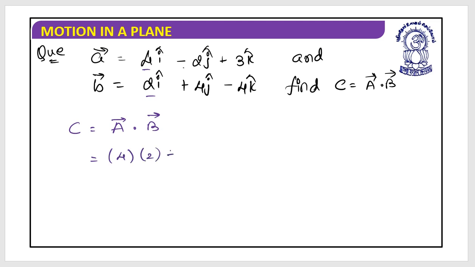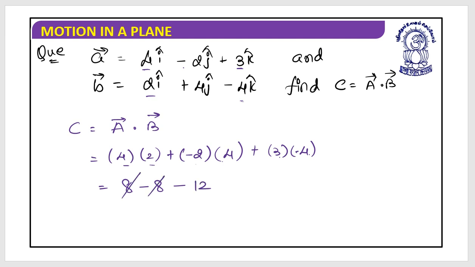Now with sign plus, this is minus 2, j multiplied with j, that is 4, plus this is 3 into minus 4. So 4 twos are 8, minus 2 fours are minus 8, 3 into minus 4 is minus 12. The 8 is gone and the term that remains is minus 12. That's it, you did it.